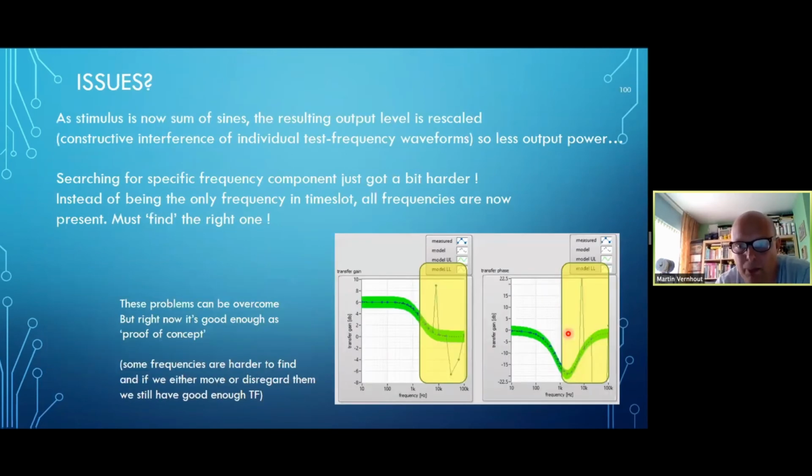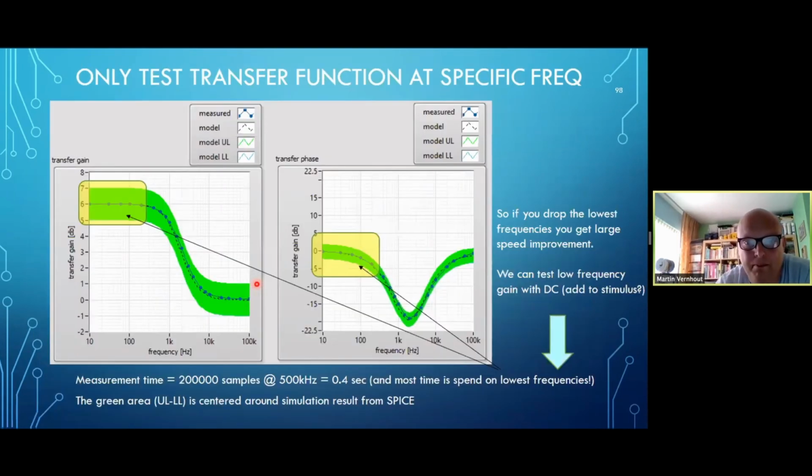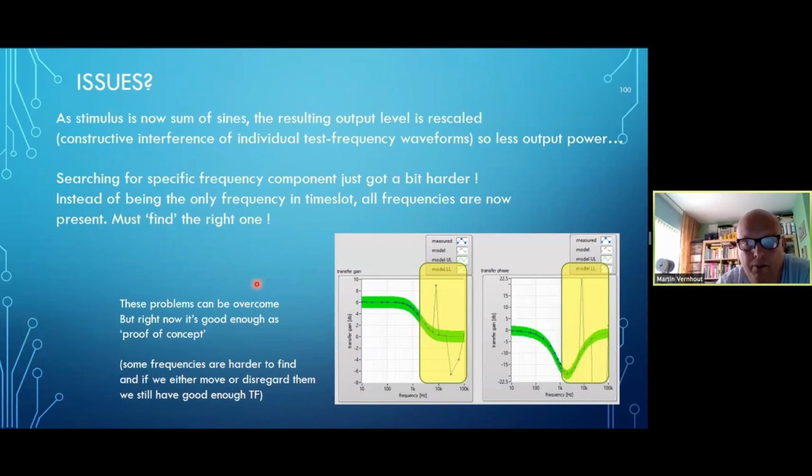So if you operate this one, you still need to search for a specific frequency component, and that just got a bit harder because in the series case, you know that in this time slot you only expect to find one frequency and you know which one it is. But if all those sine waves are overlapping, you might need to find the right one.